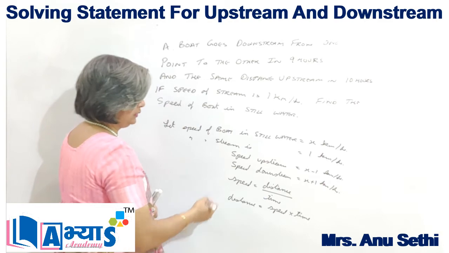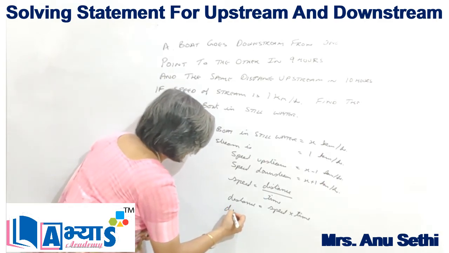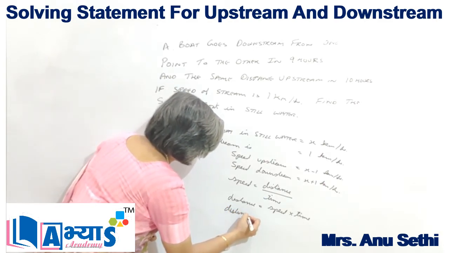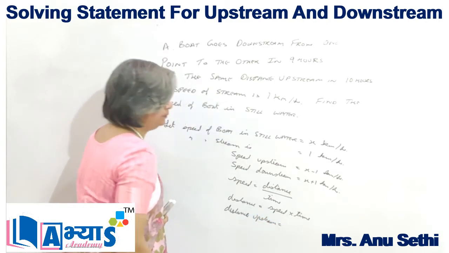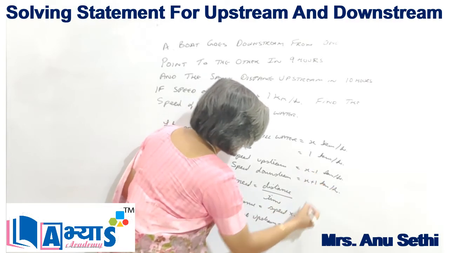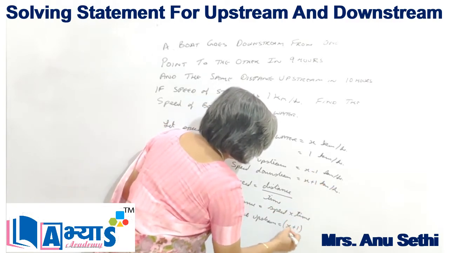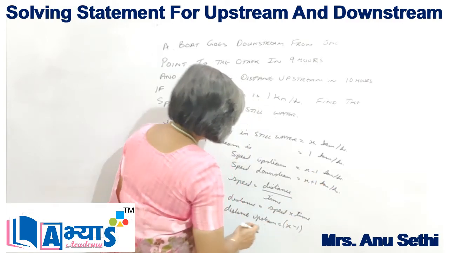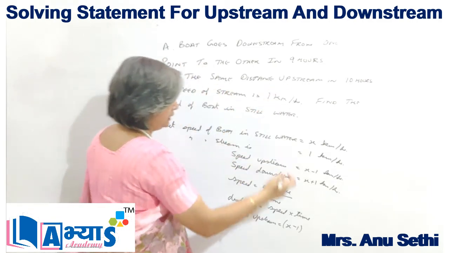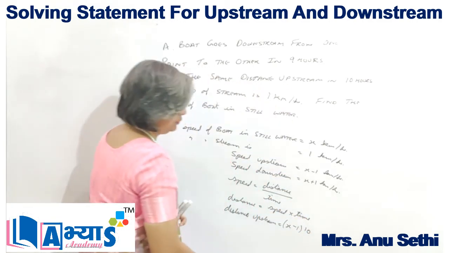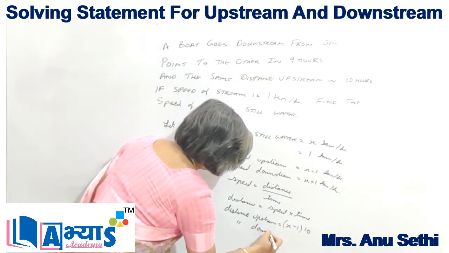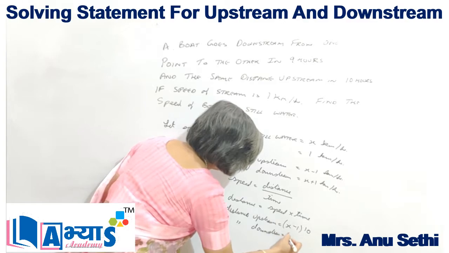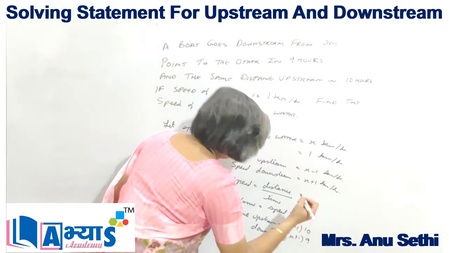Now using this formula, distance upstream is equal to, as the speed upstream is x minus 1 and the time upstream is 10 hours, it will be x minus 1 into 10, and distance downstream is equal to x plus 1 into 9.